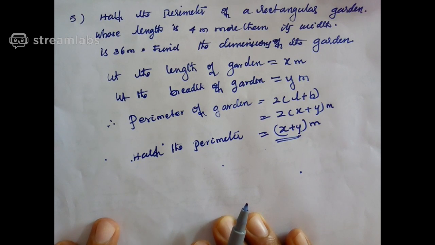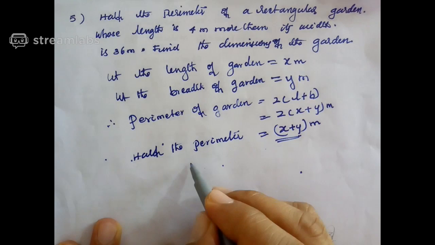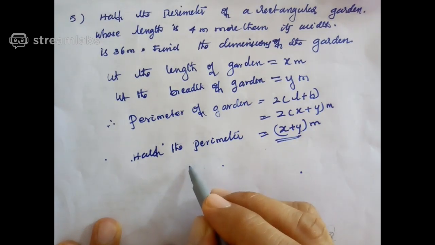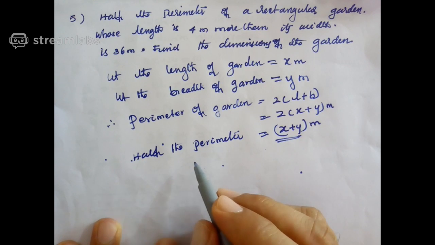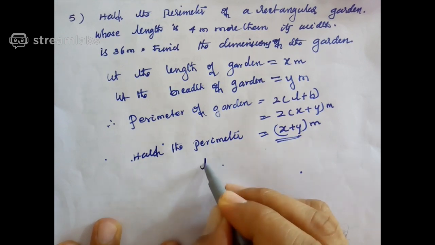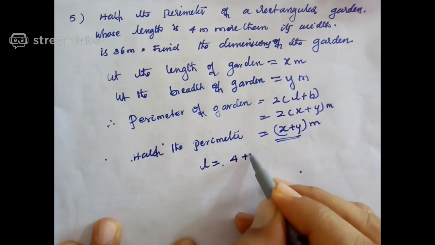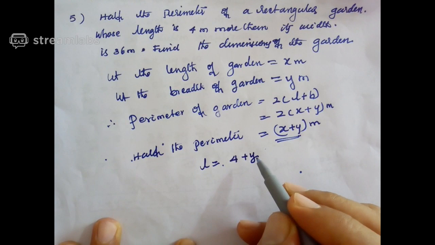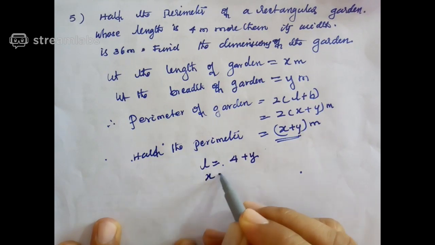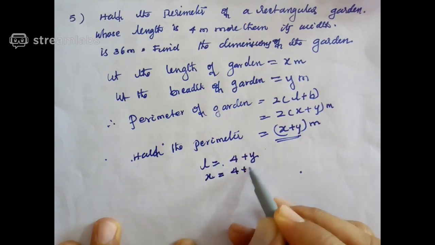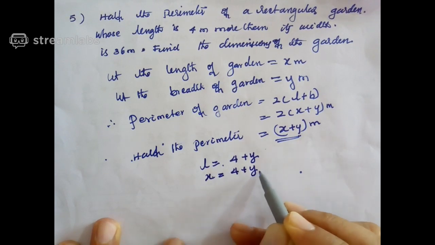Half the perimeter of a rectangular garden whose length is 4 meter more than its width is 36 meter. Length we have taken as x. Length is 4 meter more than the width. That condition also you have to take. What is length I have taken? Length I have taken as x. It is 4 plus y. x is equal to 4 plus y.